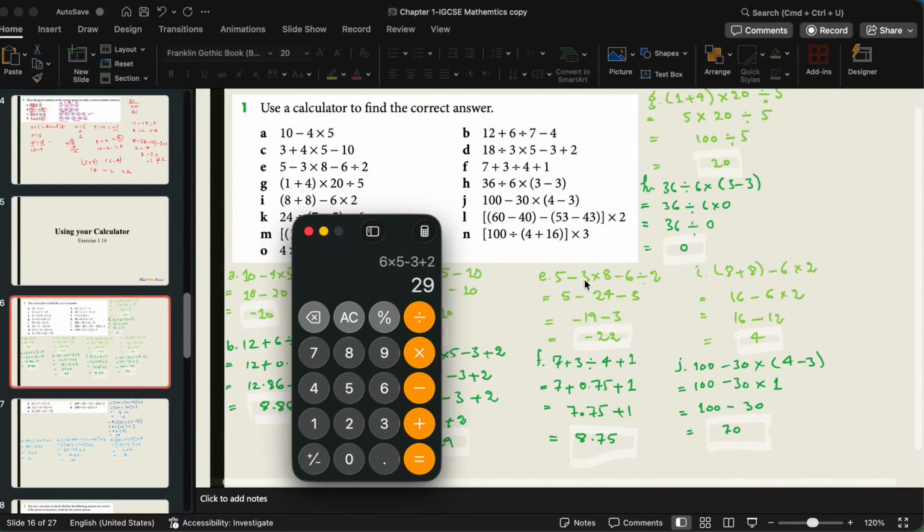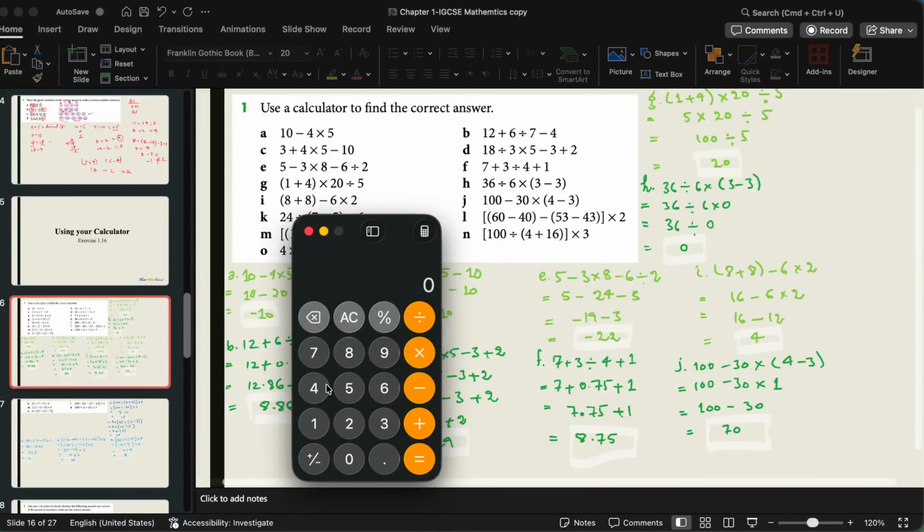Next we have 5 minus 3 multiplied by 8 minus 6 divided by 2. In here, going from left to right, we do the multiplication, and then as we go forward, we do the division. So 5 minus 3 multiplied by 8: 3 multiplied by 8 is equal to 24. And 6 divided by 2 equals 3.